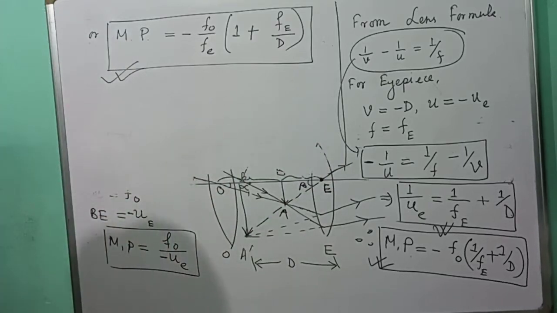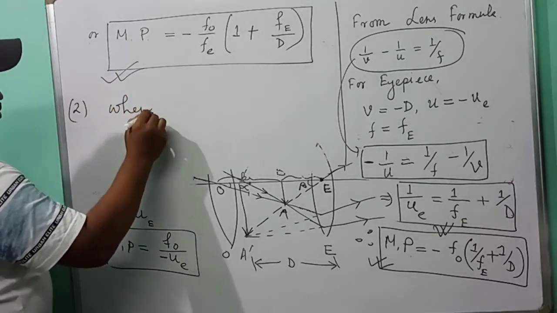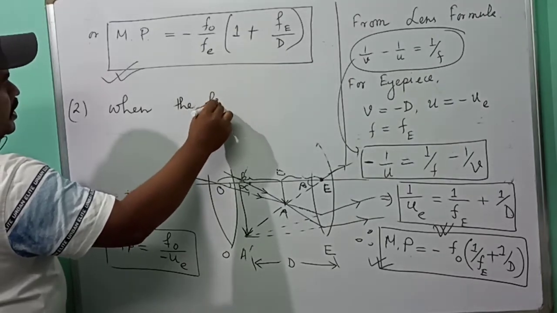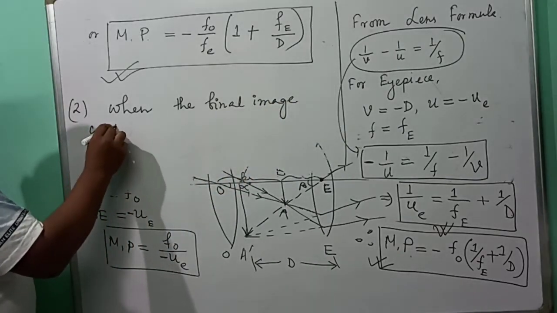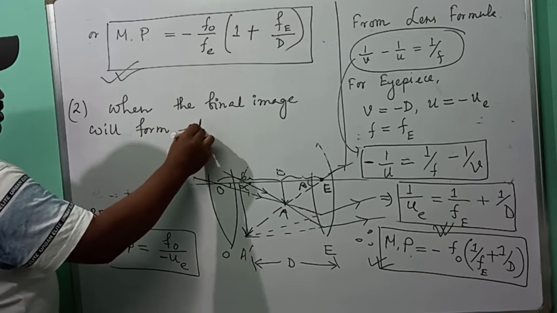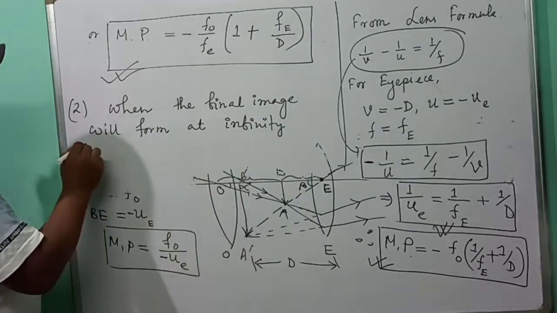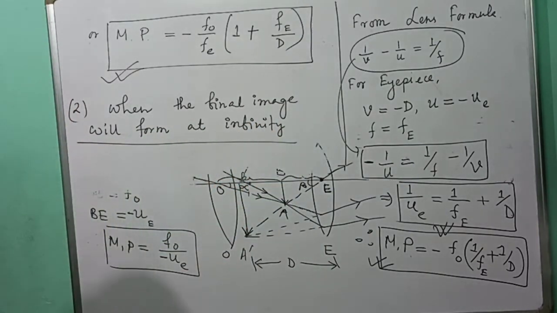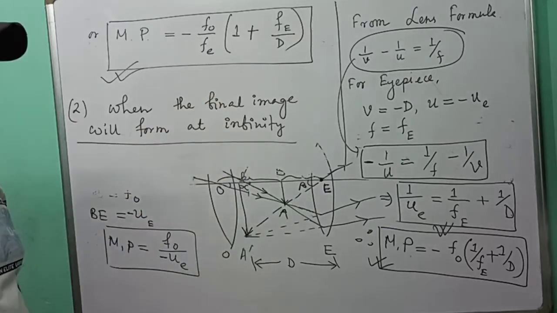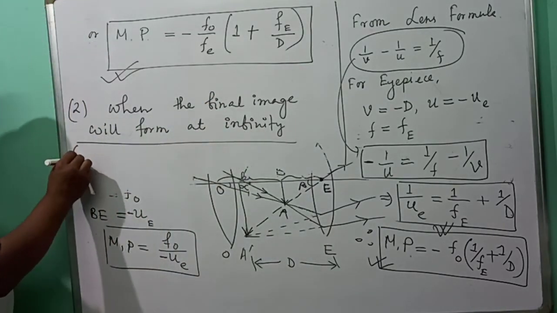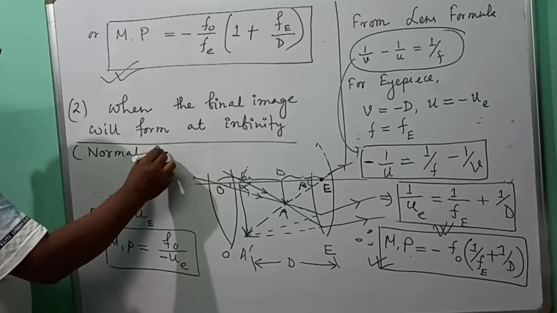So in the second case, when the final image will form at infinity, in that case the telescope, for the final image formation at infinity, this condition is also known as normal adjustment.